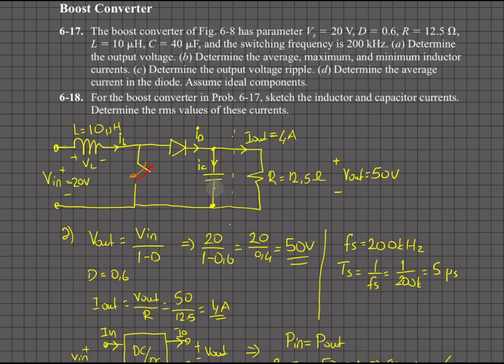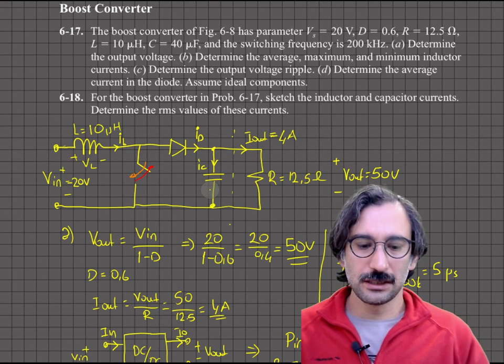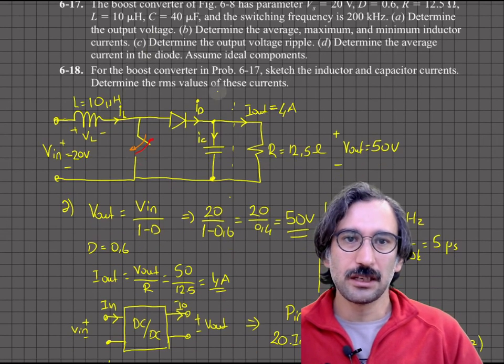But if you want to really calculate the real waveforms, it is a second order differential equation, but we are not interested. And numerically, even if you do it accurately, there's not much difference. So that is all I would like to say about the boost converter.